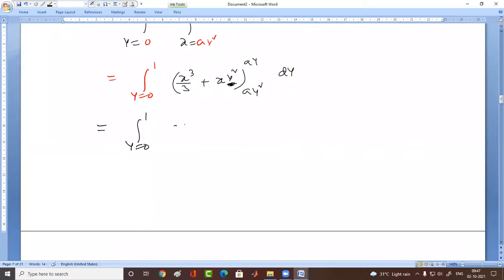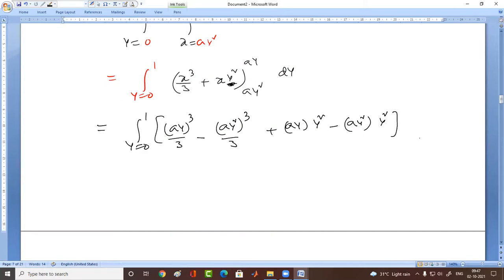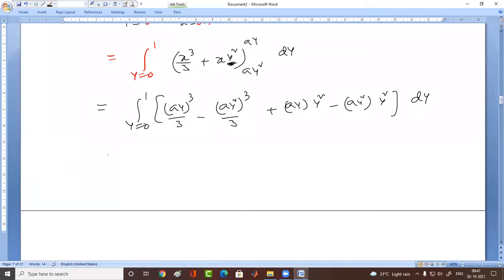A y whole cube by 3 minus a y square whole cube by 3 for the first term, and for the second term a y into y square minus a y square into y square, dy. Very easy integration.